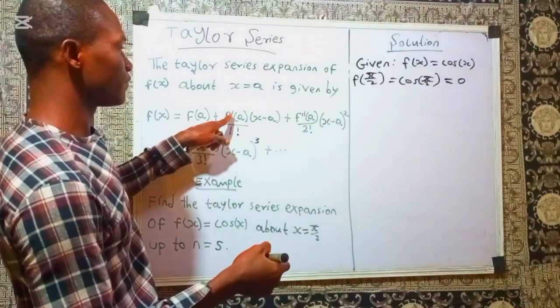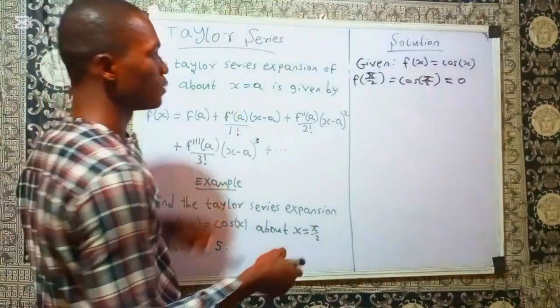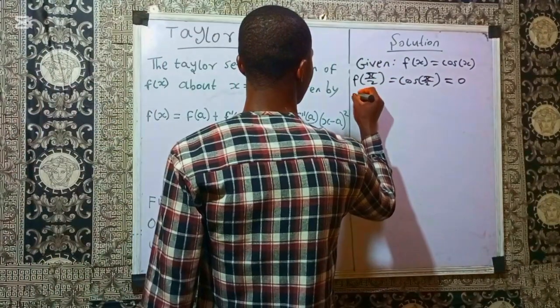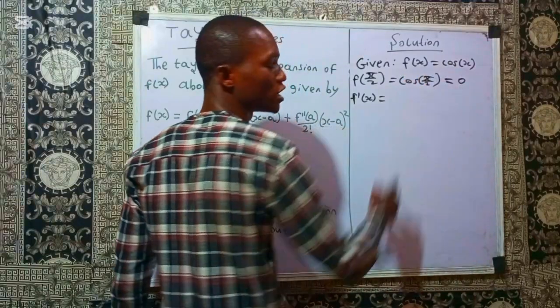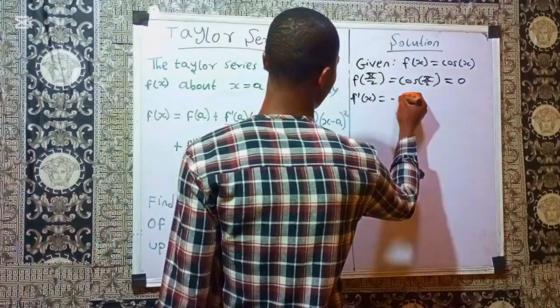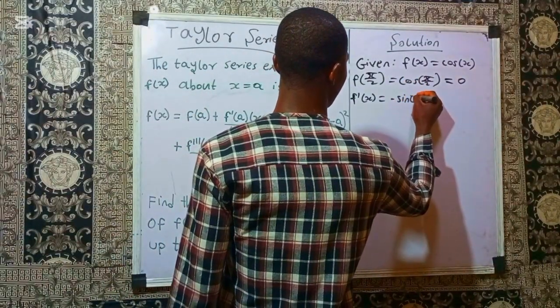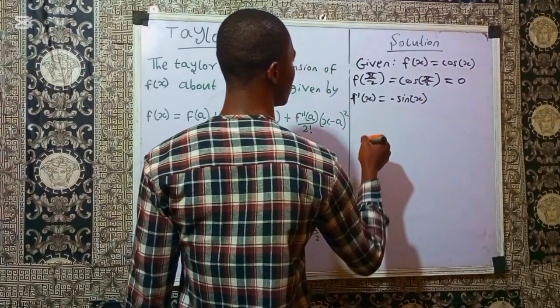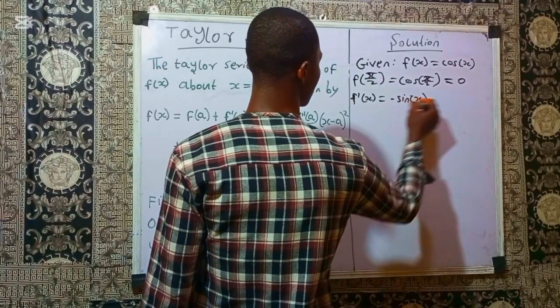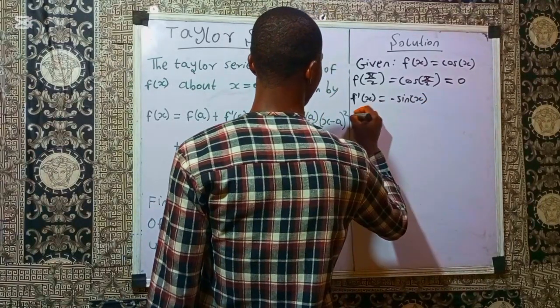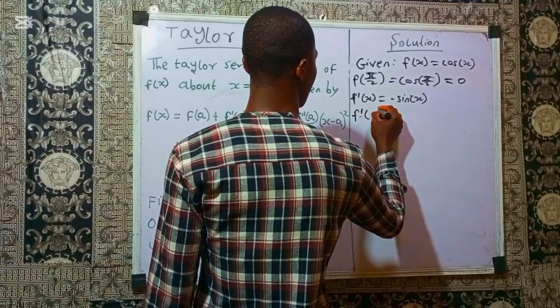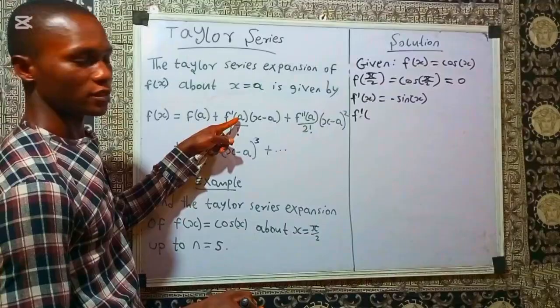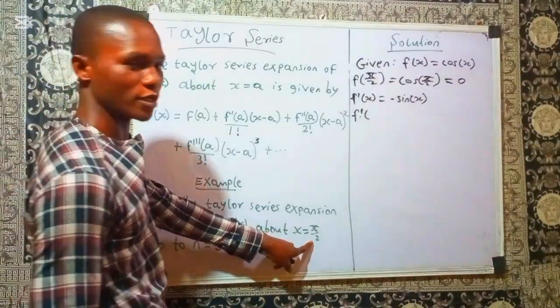So we need to get the f prime at a, right? Let's differentiate this. F prime of x will be equal to, if you differentiate cosine, you get negative sine x. Now I want to do f prime at a. Our a is this point, remember?